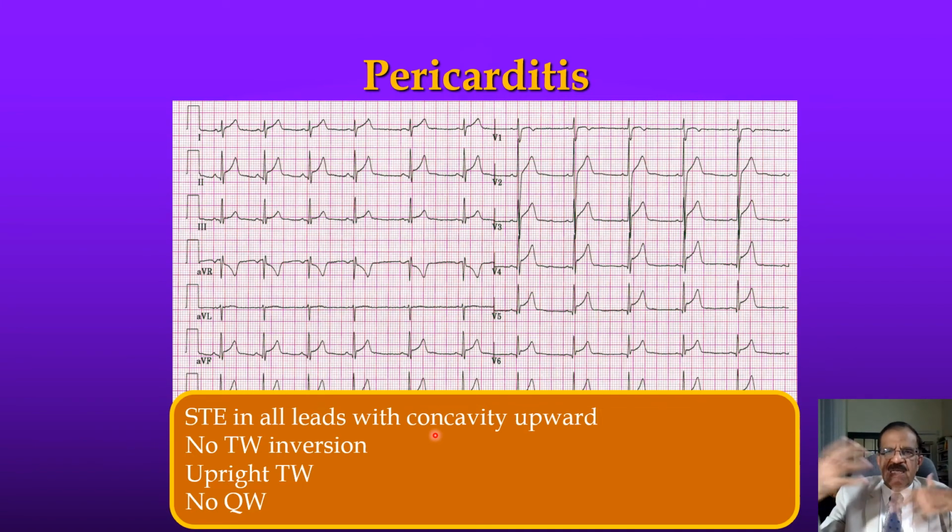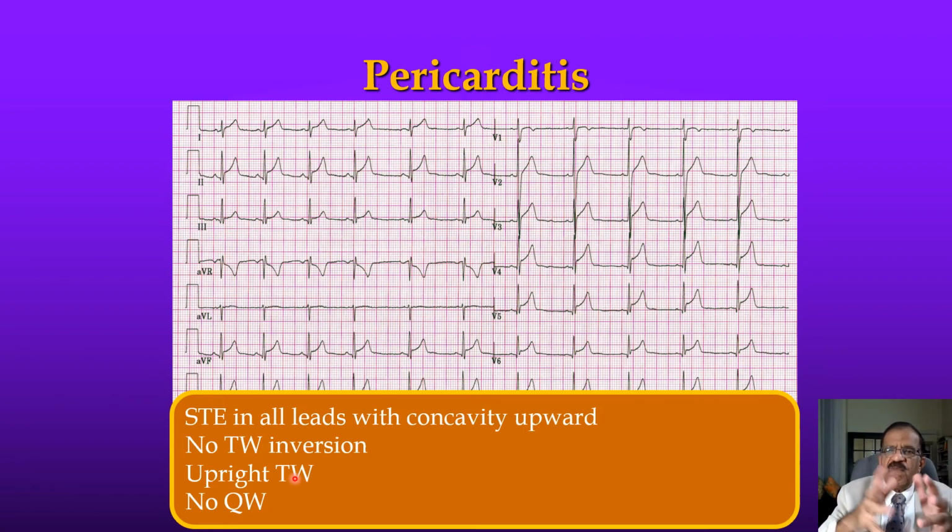So pericarditis would of course involve the entire pericardium, and it is characterized by ST segment elevation which is seen in almost all leads, and the ST segment elevation is usually not as impressive as we see in myocardial infarction, and morphologically ST segment is concave upward. You can appreciate it here. And no T wave inversion.